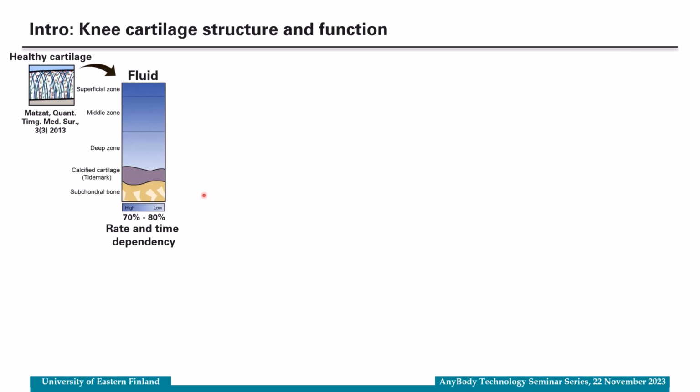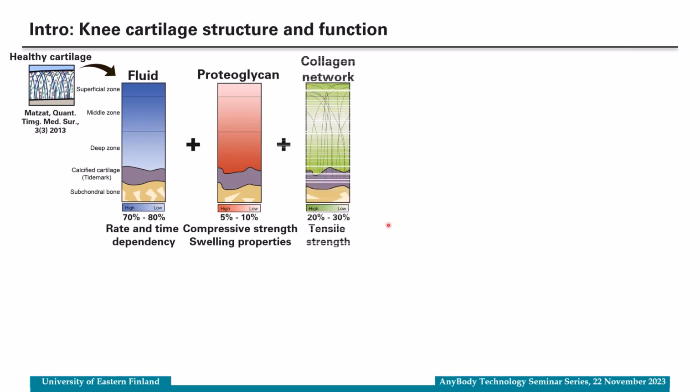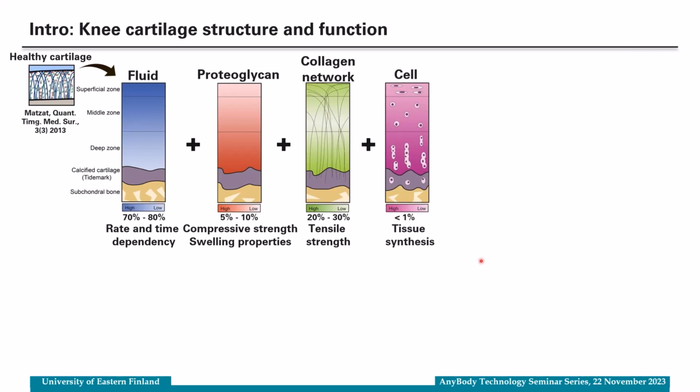About 70 to 80% of the tissue is fluid, which is responsible for the rate and time dependency response of the tissue. Then we have the proteoglycans, which are negatively charged and are in charge of the compressive strength and swelling properties of the cartilage. We have the collagen network, which is responsible for the tensile strength. And then we also have cells, which synthesize the tissue.